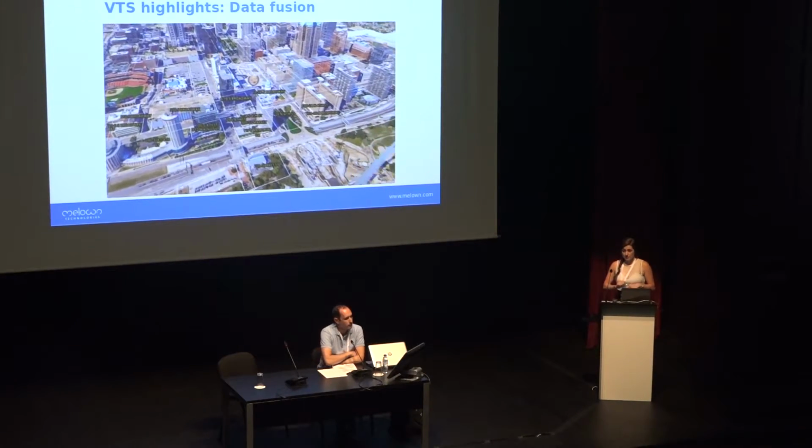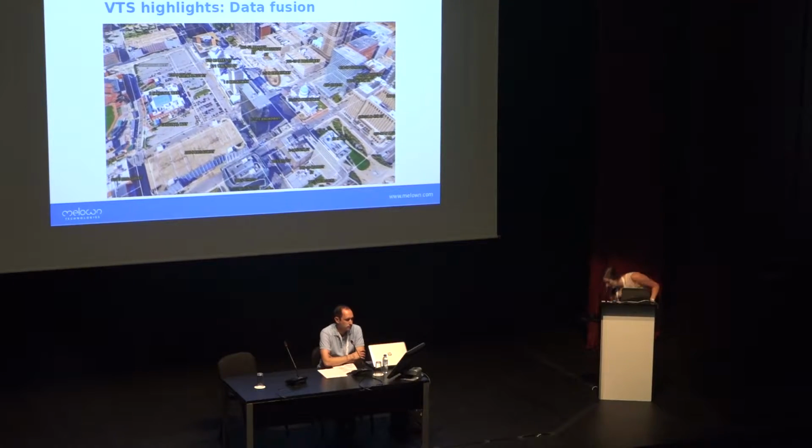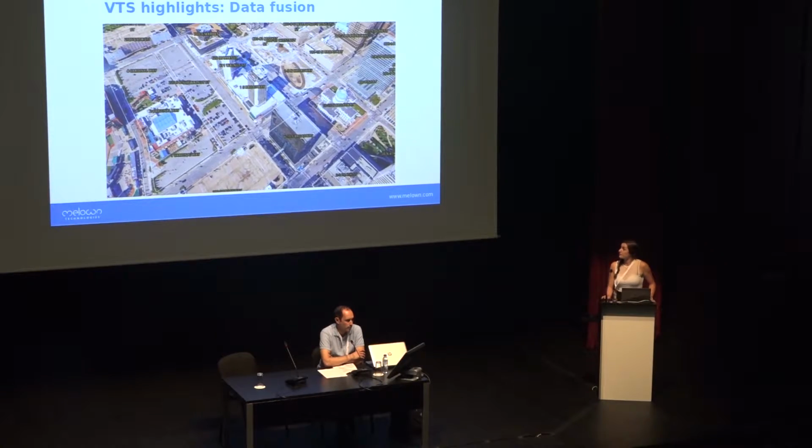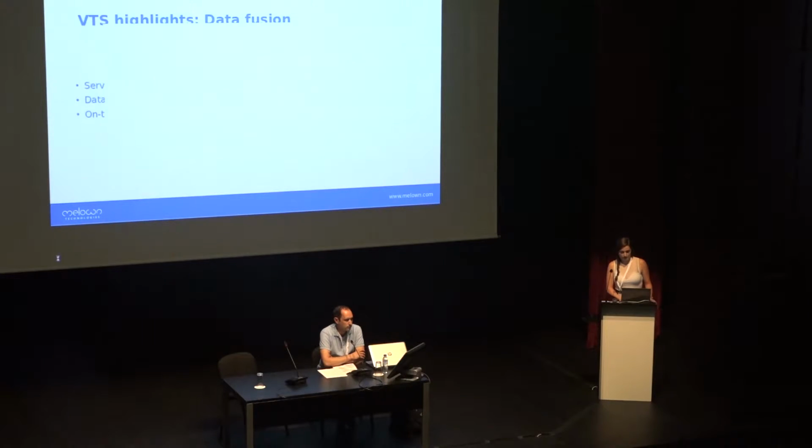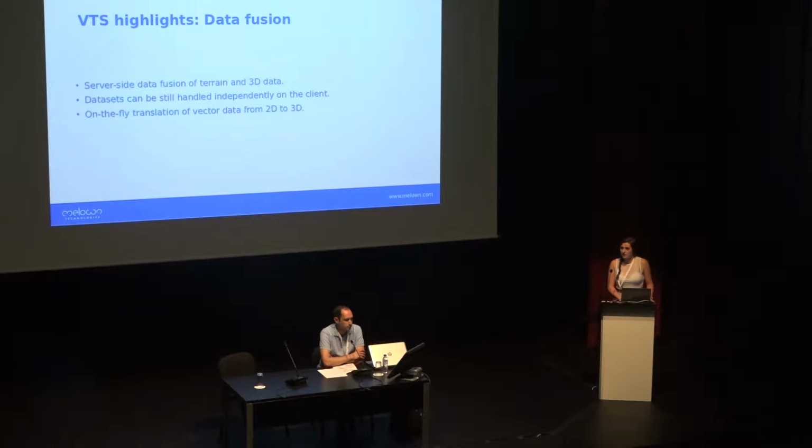The next highlight of the VTS is data fusion. You've heard about it from my colleague Ladislav, and it's a very strong point of the VTS. Thanks to data fusion, we are able to fuse more 3D data sources, for example DEMs and DSMs, with 3D city models or other DSMs and DEMs.